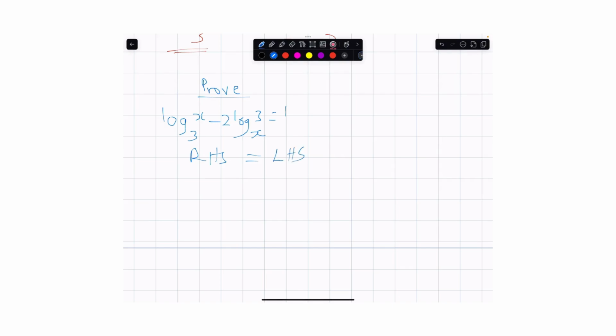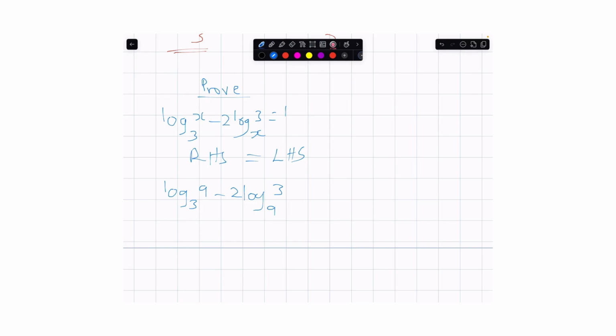The first answer that we got was x is equal to a third, and the second one was x is equal to 9. You can take either of them. Let's say you take x equal to 9: log of 9 base 3 minus 2 log of 3 base 9. This must now give you 1.